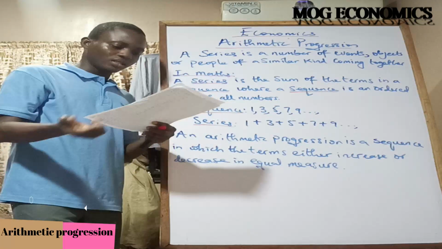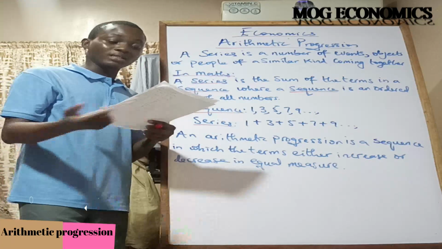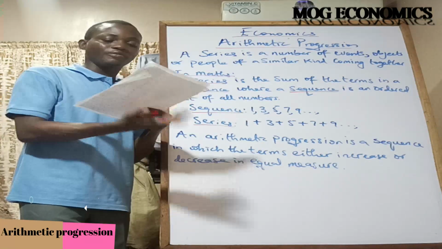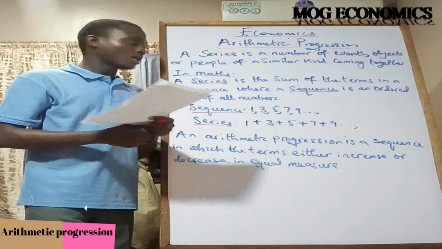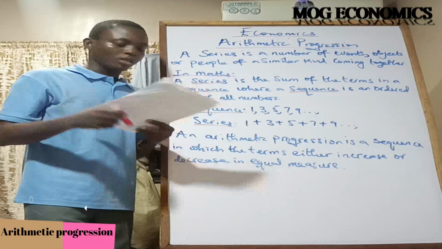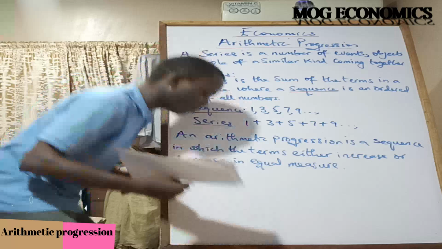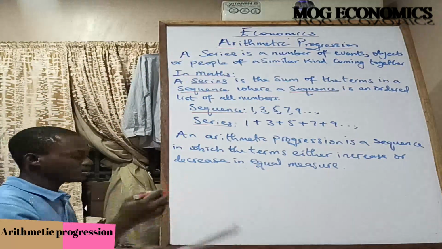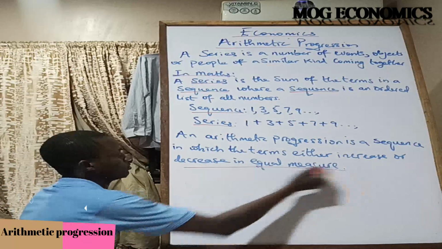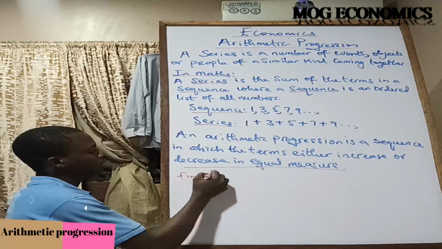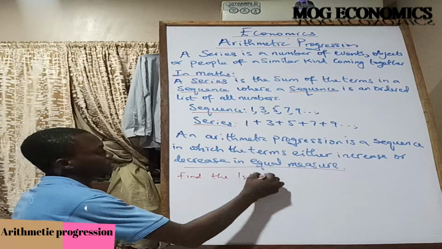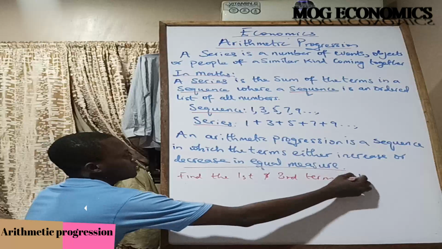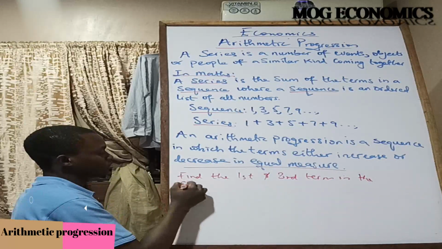We are going to, I think there are rather a few questions that say, okay, find maybe the first and third terms in a particular sequence. So you have a sequence that is denoted. Before we come to AP here, it says find the first and third term in the sequence below.